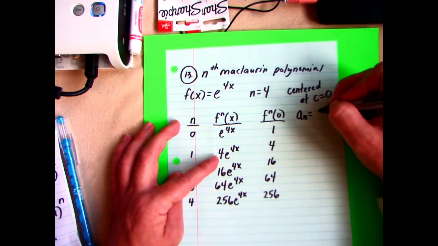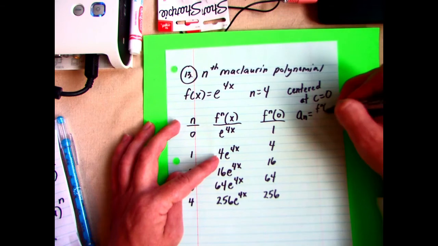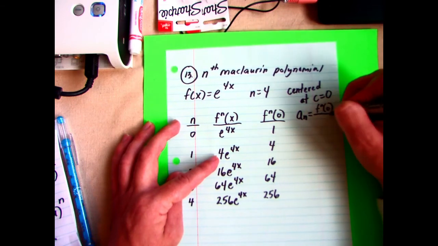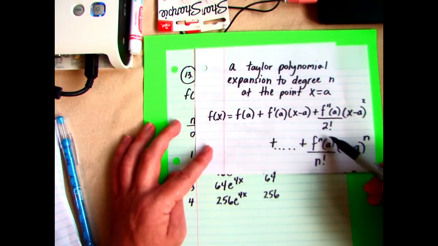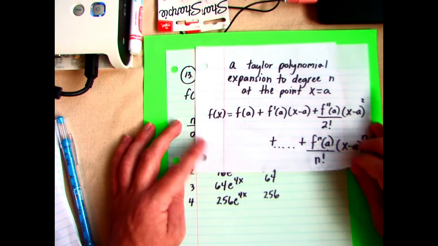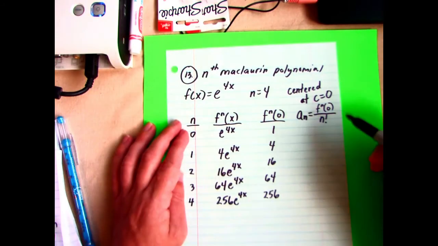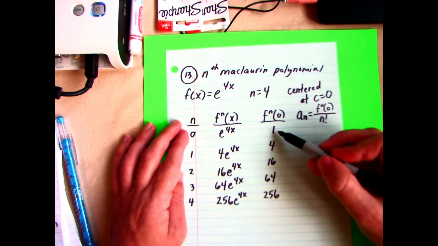The last column in your table is going to take that value and put it over n factorial. Basically, each coefficient has that form, right? You put it over n factorial.